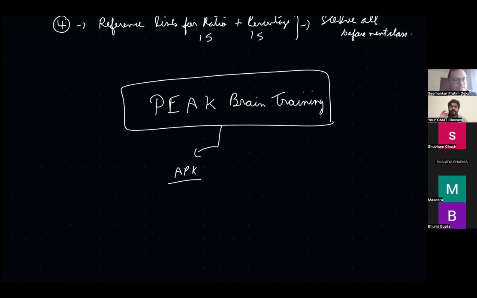Use this app for 10-15 minutes daily. Just reduce your time spent on social media by 15 minutes. That's all I'm asking. Play puzzles and games on this. There are mathematical games where you can do calculation. There are memory-based games. There are logical games. All of this will make your mind sharper. It will improve your thinking ability, aptitude ability in general. So all of you can download Peak Brain Training.